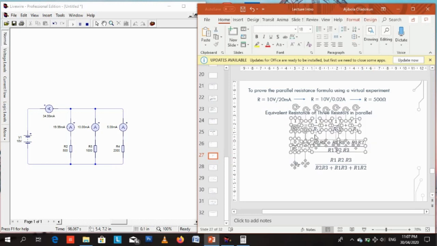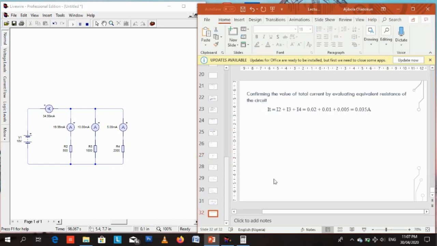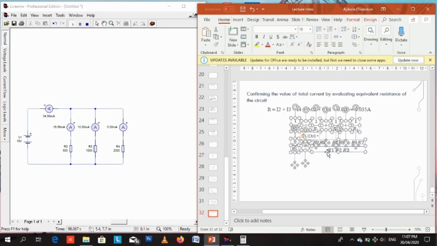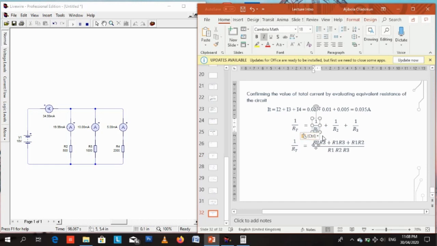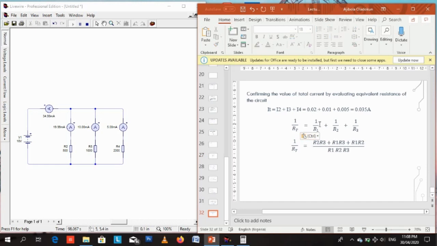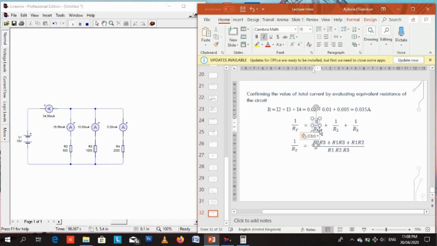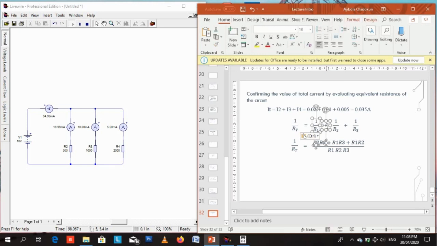So we copy these two, the formula for resistors connected in parallel. If you get the total resistance of the three resistors connected in parallel, we can use that total resistance to get the total current. So we have 1 over R1 plus 1 over R2 plus 1 over R3. We've examined this before.